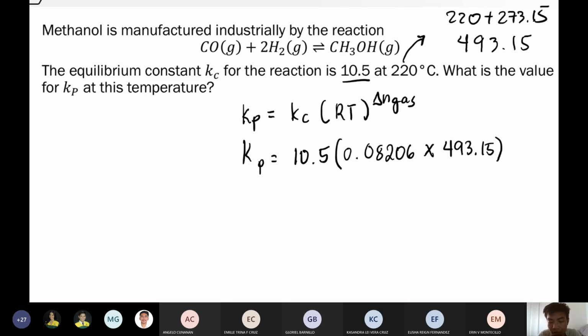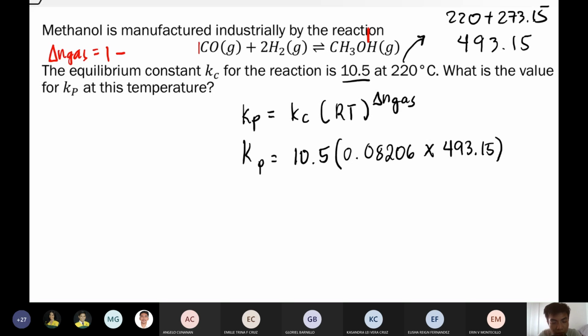Okay, so how about delta n gas? So for delta n gas, we have to look at the equation. So how many moles of gas in the product side? So we have 1. Isang methanol lang. How about the reactant side?